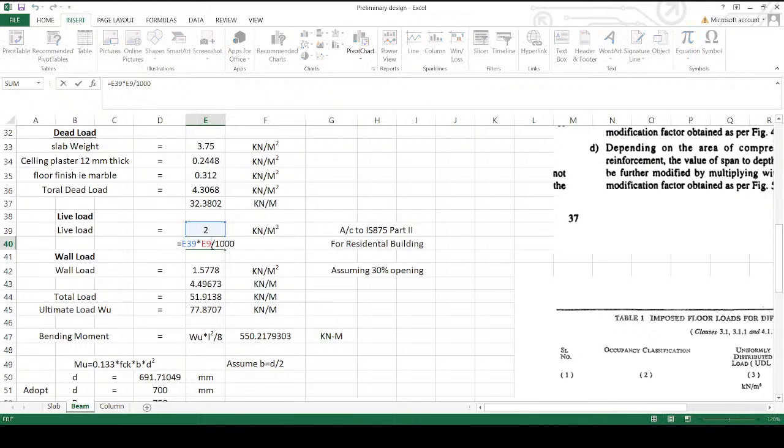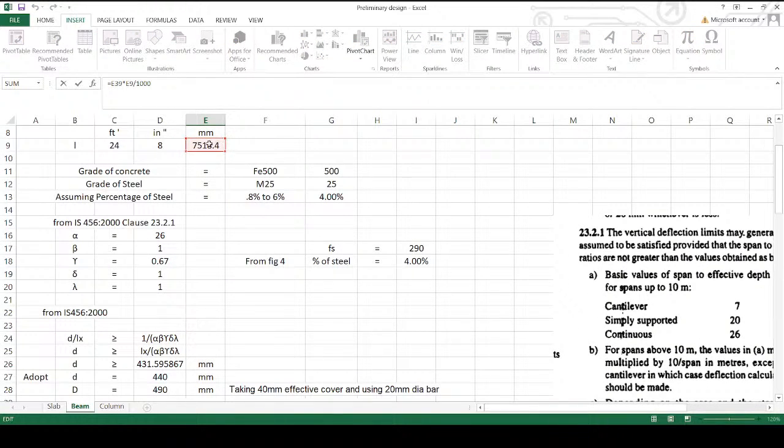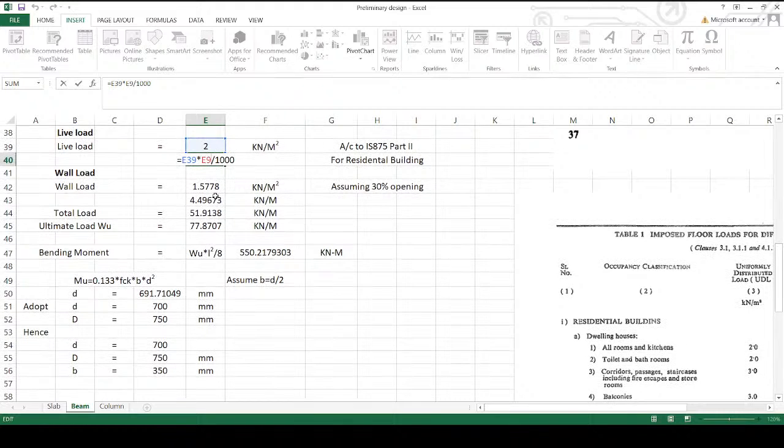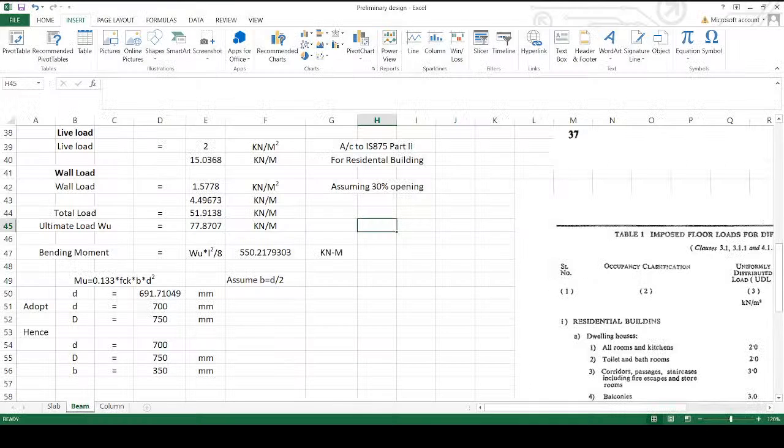So you multiply with the length of the beam, that is this. And for the wall load, what should we do? For the wall load, we are assuming 30% opening here.